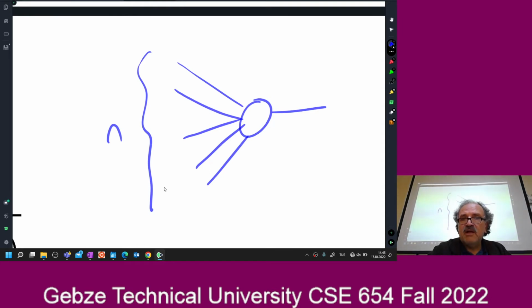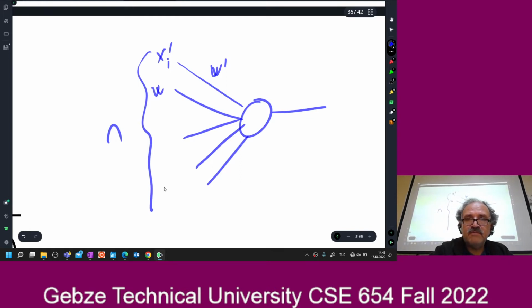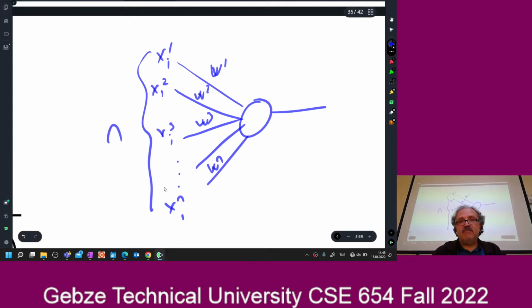I am multiplying xi1 with w1, xi2 with w2, xi3 with w3, up to xin with wn, and I add them up. That's the dot product of 2 vectors, right? The xi vector with the w vector. Okay, that will be it.